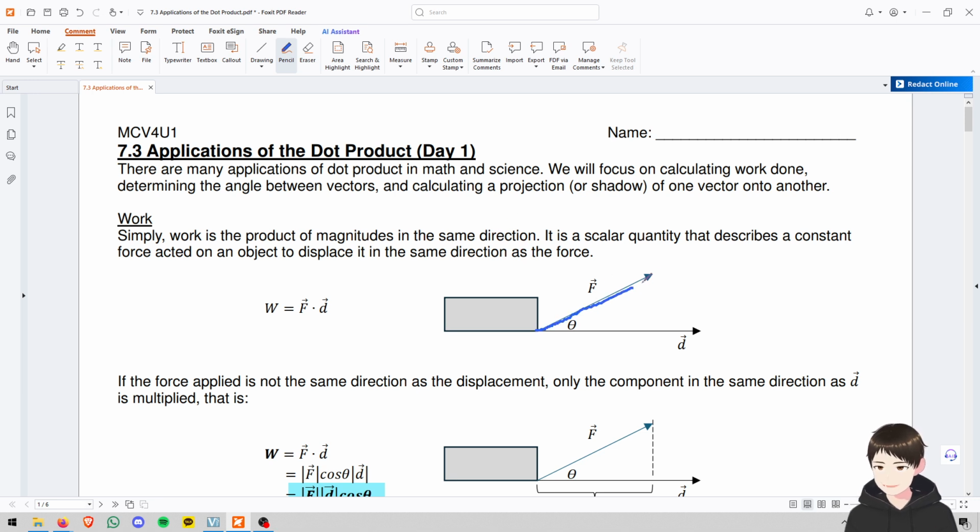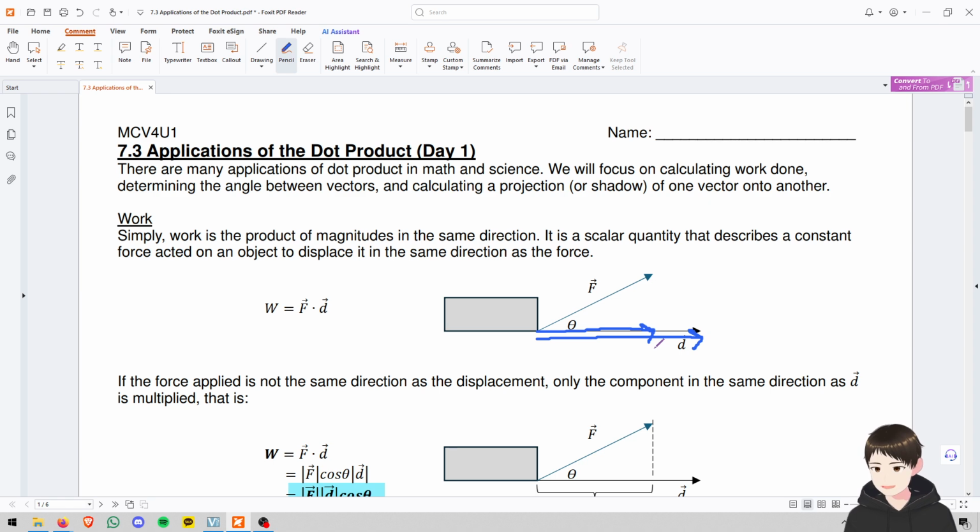You can see this vector and that vector are not going in the same direction. So how do we go about it? We will take a look at the dot product. The first vector, we will see how well it applies in the direction of the second vector. So for this vector F, or this force, we will see the horizontal component, or rather, the component that aligns with the second vector.